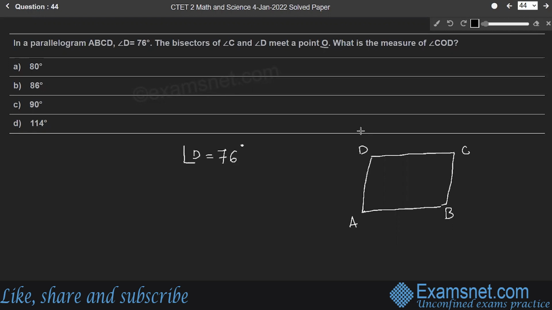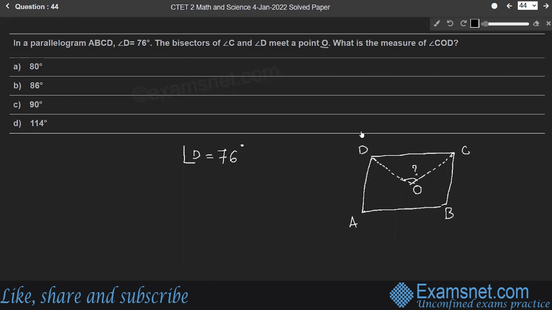Bisectors of angle C and D. So let us draw an imaginary bisector of angle C and D meeting at a point O. We have to find the measure of angle COD.